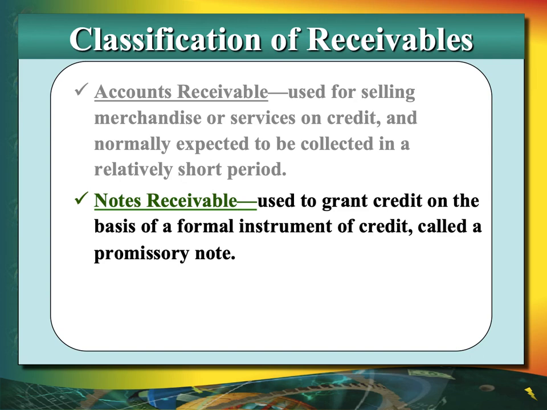The difference is that notes receivable will have a longer period than accounts receivable. Accounts receivable normally lasts for 30 days or a month, while notes receivable can be used for receivables of less than a year, but normally around 3 to 6 months.